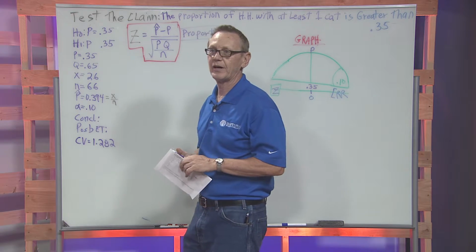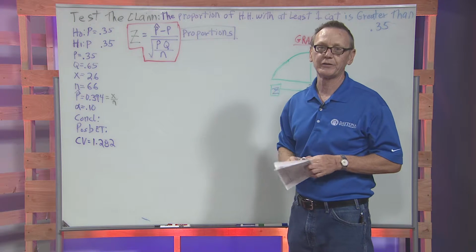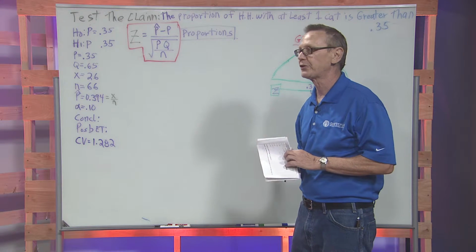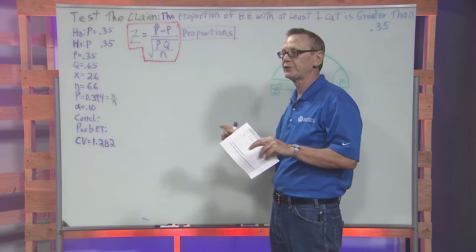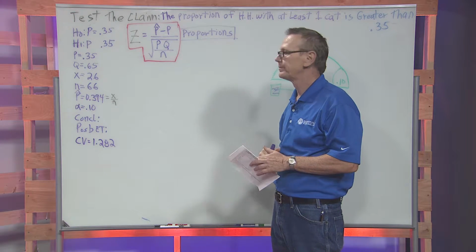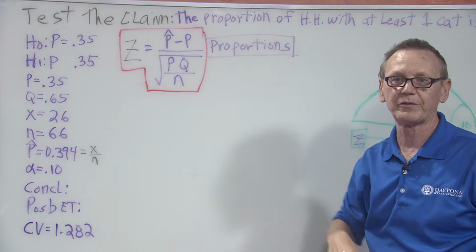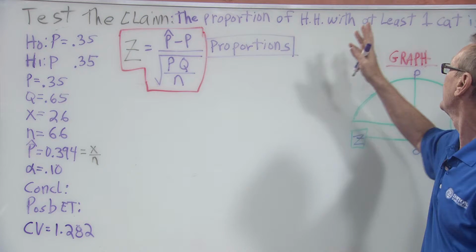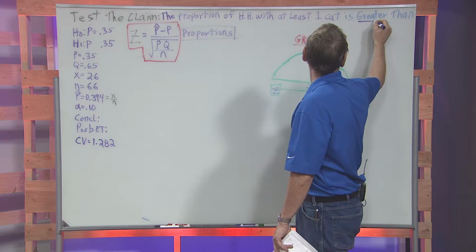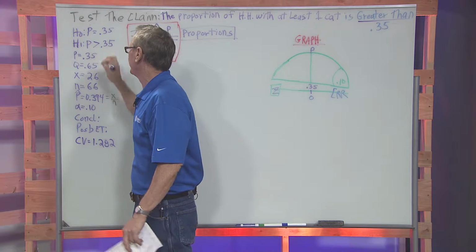I'll start at the top with the hypotheses. The first one is the null hypothesis that always gets the equal sign. It's unbiased. It always assumes equal. Then the alternative still gets the 0.35, which is the population proportion claim, and in this case we have greater than, so I'll add a greater than symbol.